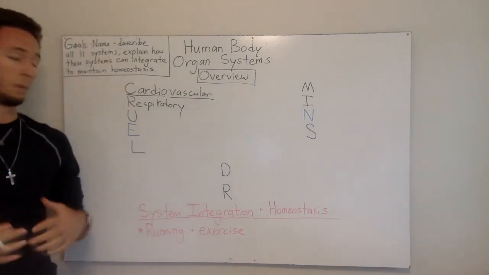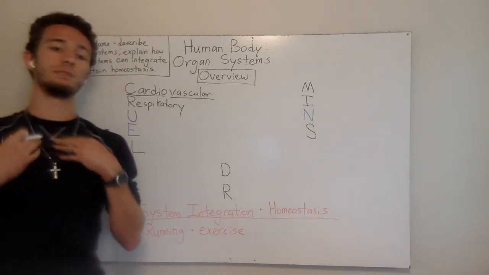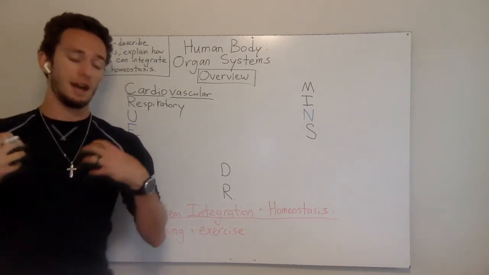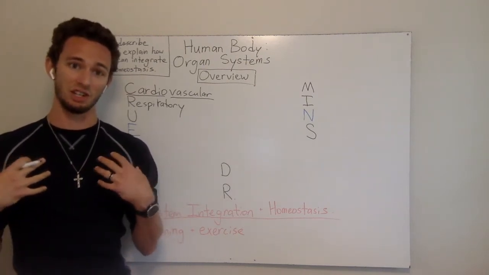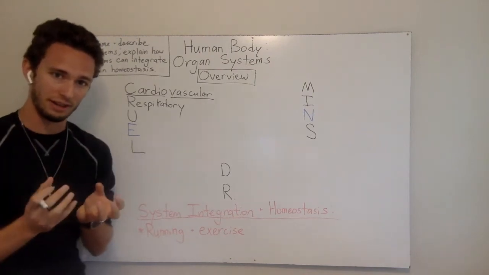And so this is when we are breathing through our mouth, through the windpipe, the trachea, into the bronchioles of the lungs. And then there's going to be some gas exchange in between the alveoli and the blood vessels, the capillaries that are surrounding them.